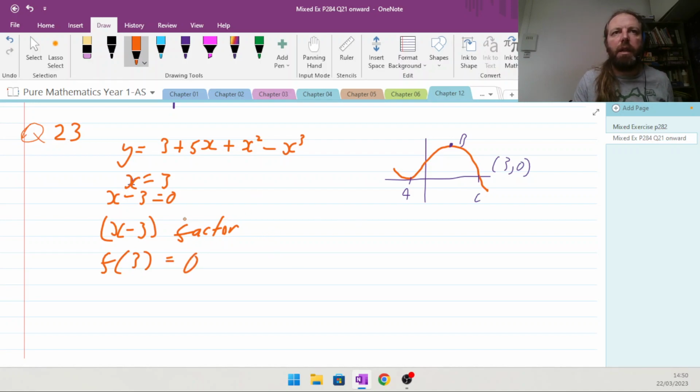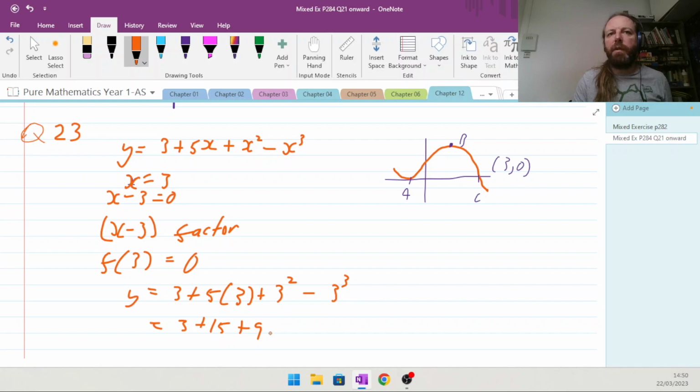So y equals 3 plus 5 times 3 plus 3 squared minus 3 cubed. 3 plus 15 plus 9, 27 minus 27.